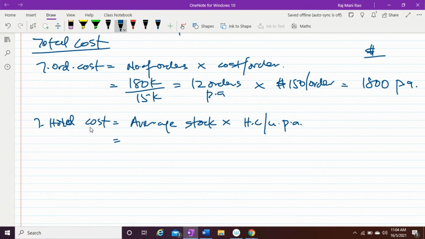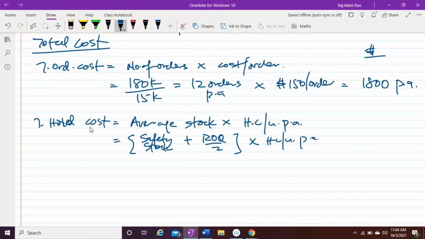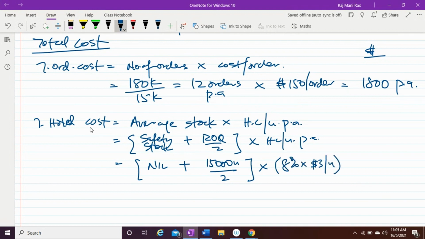What's the average stock? Safety stock plus reorder quantity divided by 2, times holding cost per unit per annum. Your safety stock is not given. There's no safety stock. Plus reorder quantity 15,000 units divided by 2 times 8% times $3 per unit. How much is it?